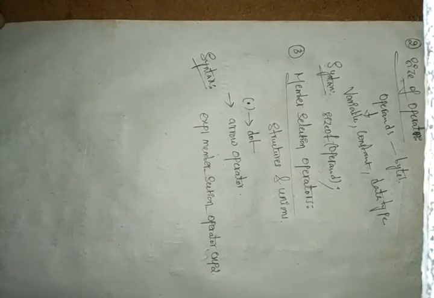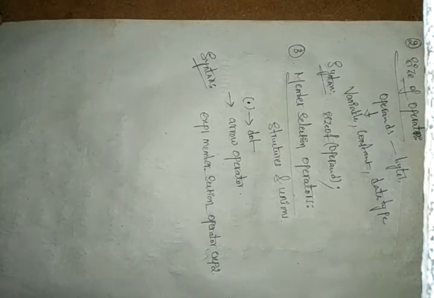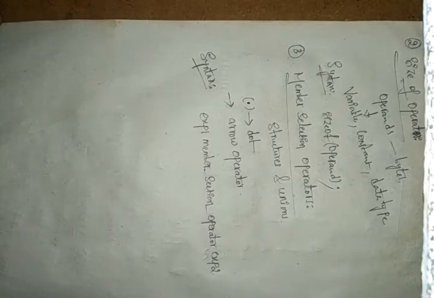Then the increment and decrement operator, which takes plus plus and minus minus. And we have the conditional operator, which uses the question mark with the colon, taking expression 1, expression 2, expression 3, with the question mark and colon in between.